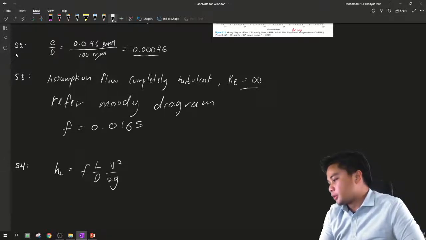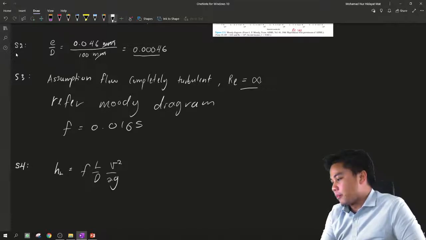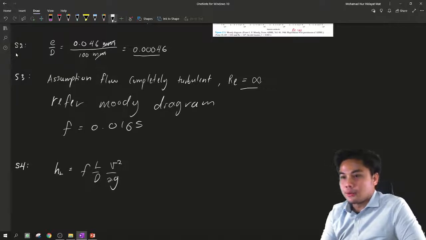In this case, we still need to find the value of V, the velocity here. Alright, so how to get this V here?